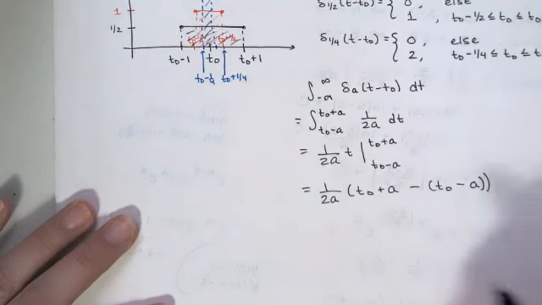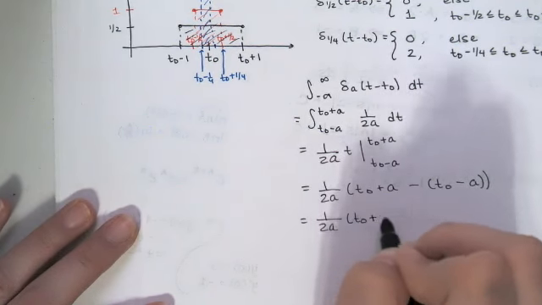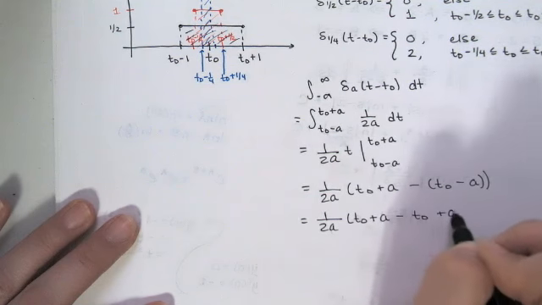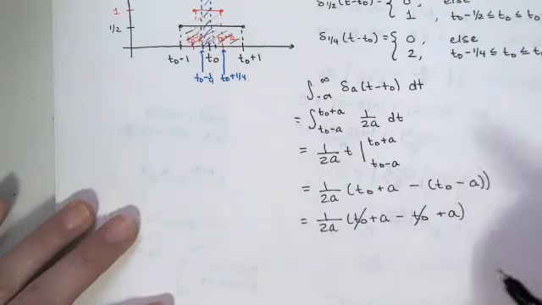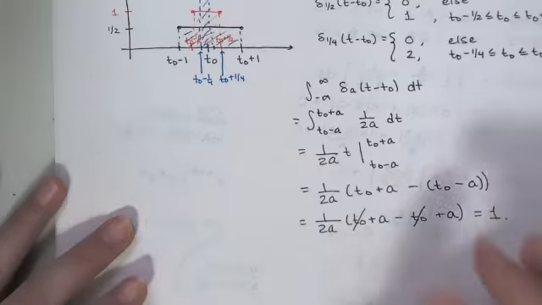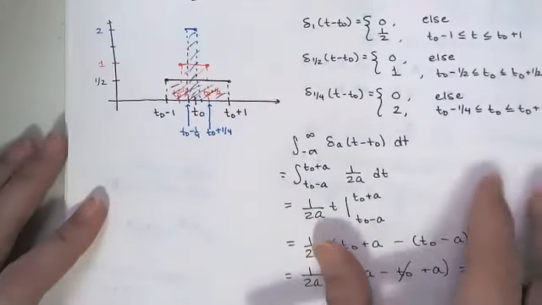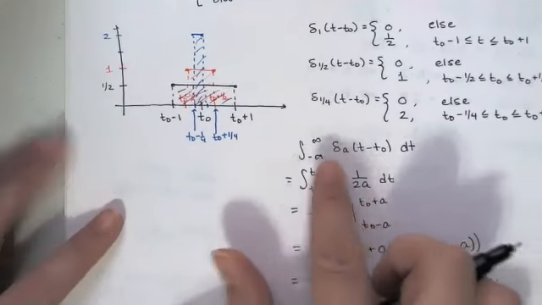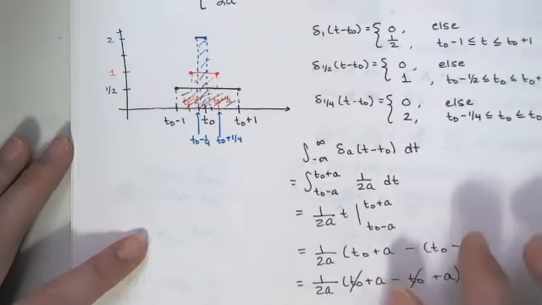If we distribute that negative, the t naughts cancel, and then you just have 1 over 2a times 2a, which is, of course, 1. So this function has an area under the curve of 1, no matter what a is.